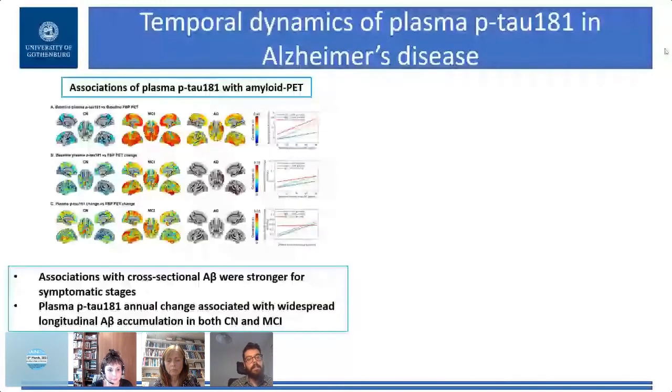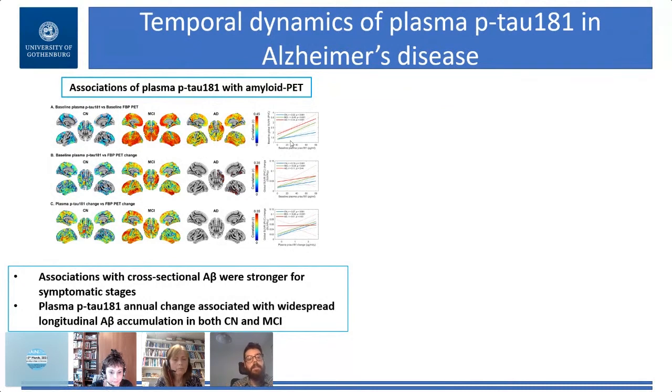Okay, so here we have the results. We first look at the associations between plasma phospho-tau and regional amyloid PET. So in the first row here, we can see the cross-sectional relationship between these two markers across the clinical continuum. We can see that the association was stronger for symptomatic stages and when amyloid pathology is present in widespread regions of the brain.